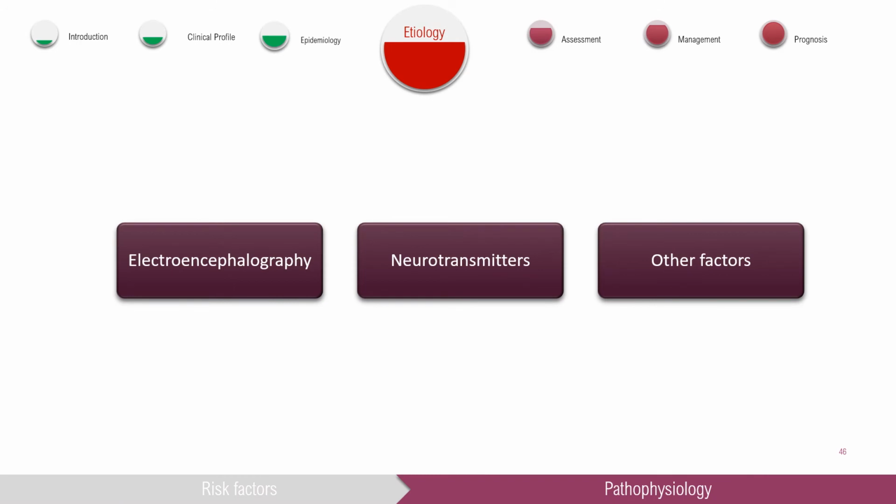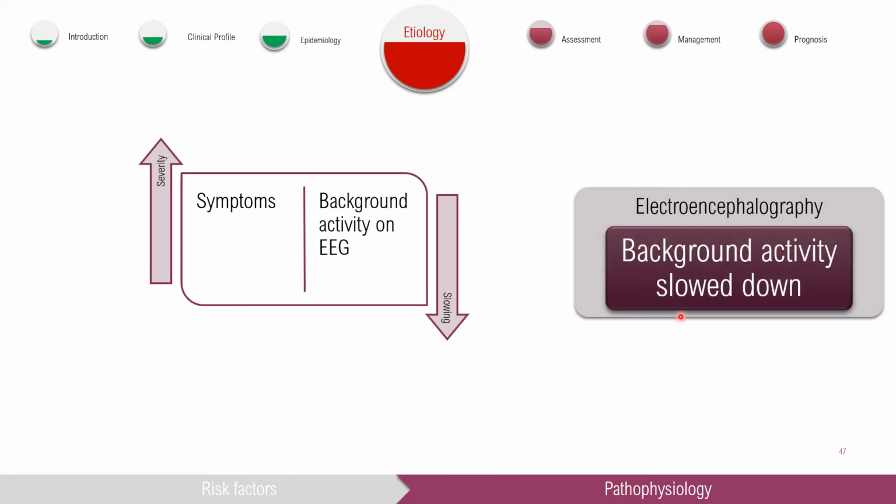The pathophysiology of delirium is less well understood, but we know a few facts about the findings on electroencephalography, neurotransmitters, and some other factors. There is, for example, slowing of background activity on the electroencephalography, which is like the cerebral variant of electrocardiography. It measures the electrical activity of the brain.